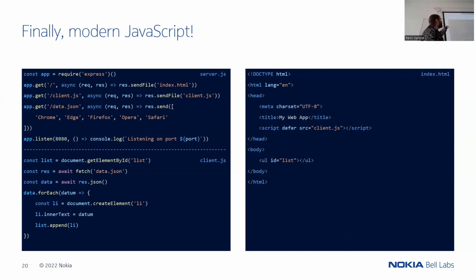So server-wise, I'm using a library called Express. So here you'll notice I'm using exactly what I told you not to use, which is CommonJS, to require Express as the framework. And we're just defining a server with 3 endpoints: one to load the index.html, one to load the client, and one to load the list. So I just put a list of browsers. There's nothing really complex here.